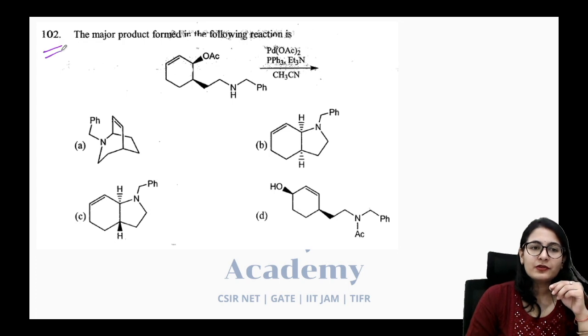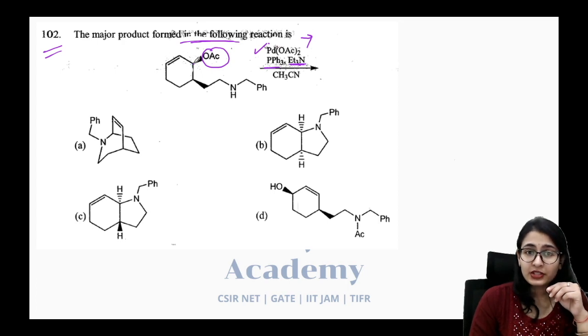Another question from June 2015: the major product formed in the following reaction is. So a very, very important name reaction once again, palladium acetate, PPh3, and triethylamine. So here you have a leaving group on the allylic position.